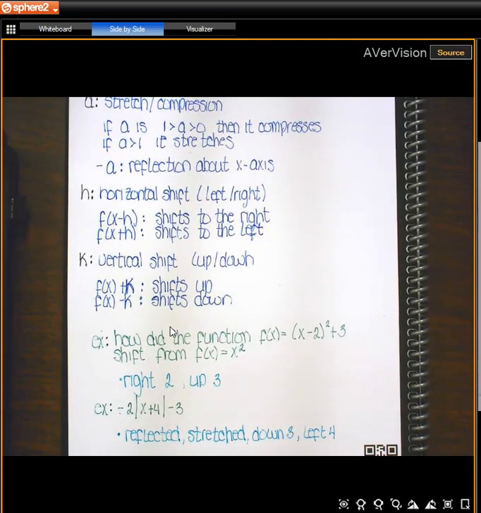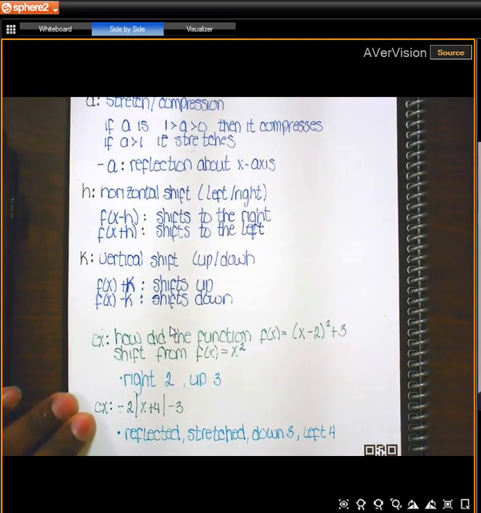Any questions on transformations? All right, last one.